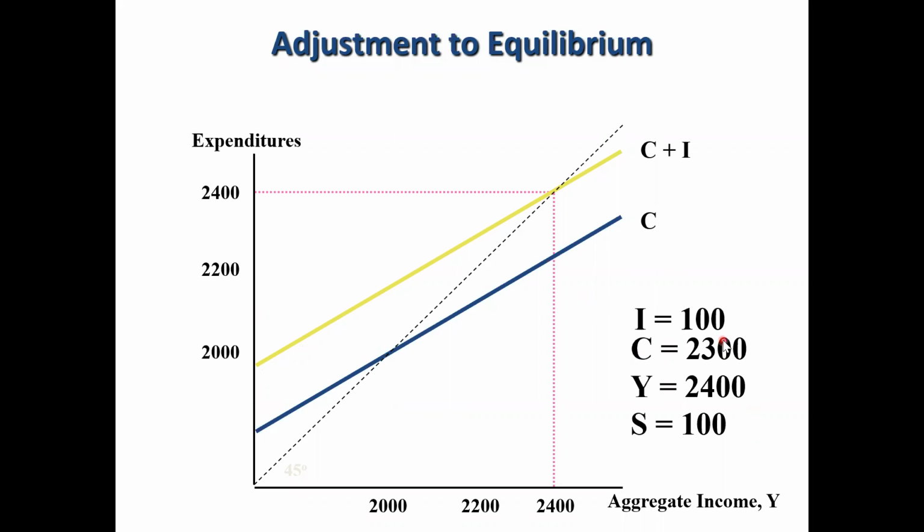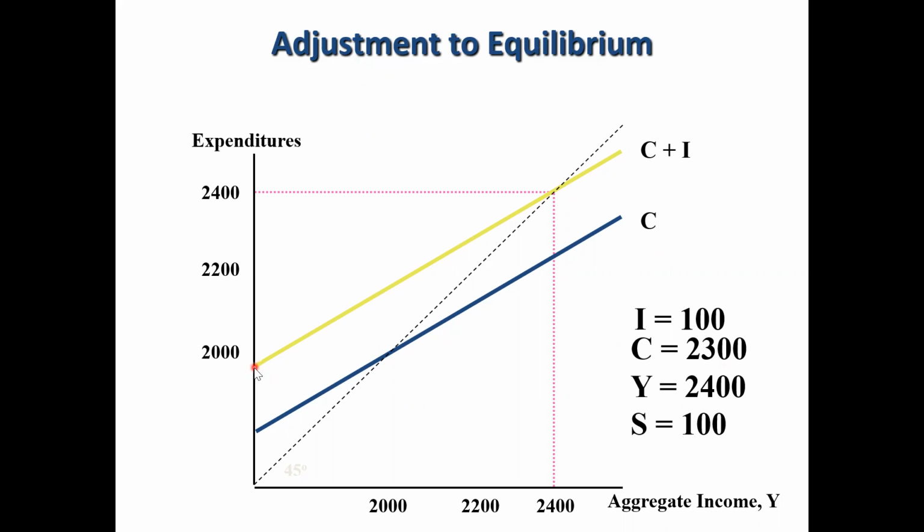We have investment of 100, consumption of 2,300, a Y income of 2,400, and a saving of 100. Sure, when we have consumption plus saving, we can get the household budget or the income. And we have a fixed amount of investment which is equal to 100.